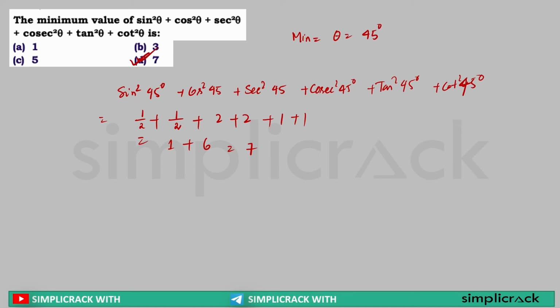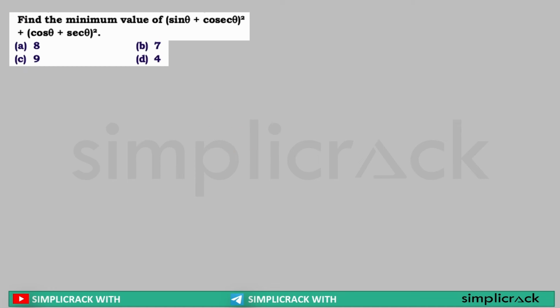Now, find the minimum value of (sin theta plus cosec theta) whole square plus (cos theta plus sec theta) whole square. What I have told you is that theta equal to 45 will give the minimum value. Sin theta is 1 by root 2, cosec theta is root 2, whole square, cos theta is 1 by root 2, sec theta is root 2, whole square.